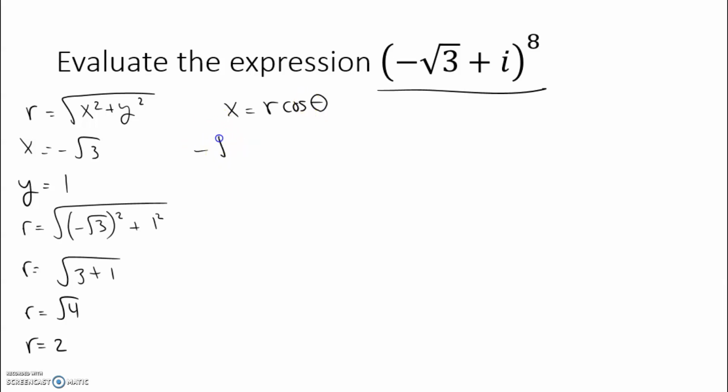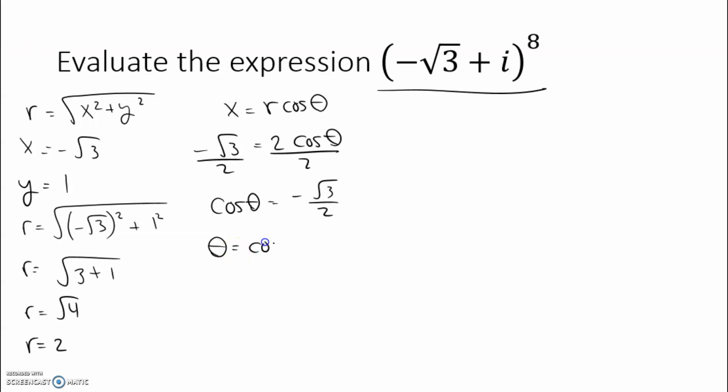So x is negative square root of 3, and x equals r cosine theta, which is 2 cosine theta. Divide both sides by 2. So cosine theta is equal to negative square root of 3 over 2, which means the inverse cosine of negative square root of 3 over 2 is going to give me 150.